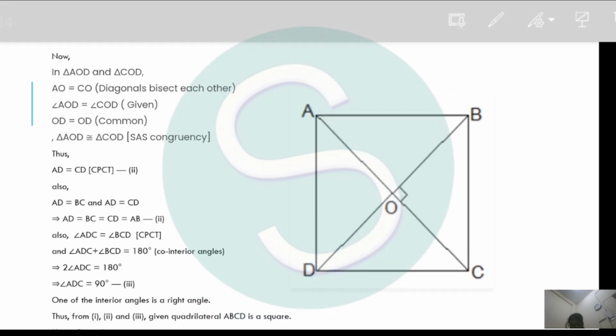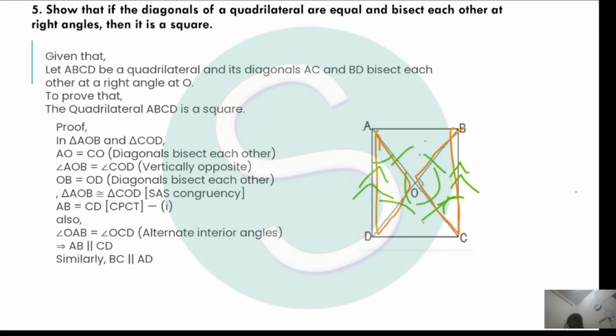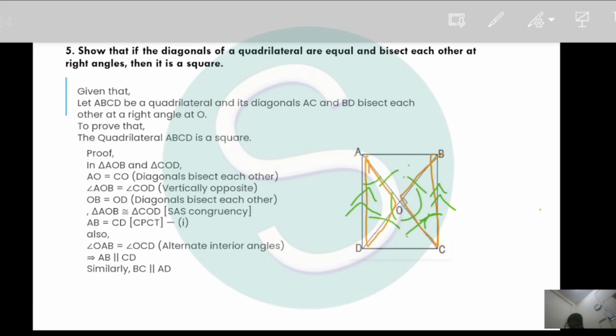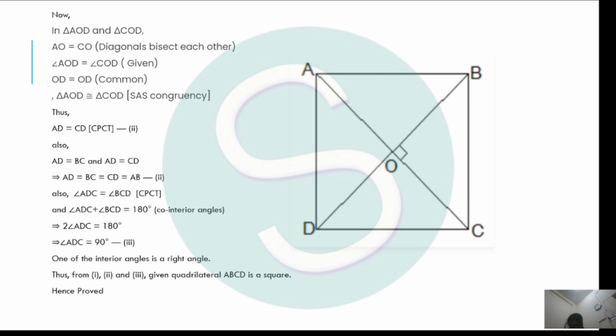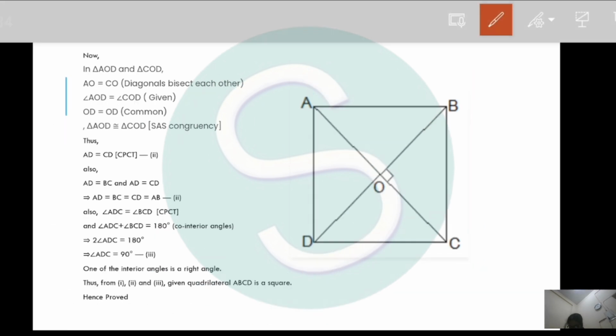So हमने ये प्रूव कर दिया AB is parallel to CD, BC is parallel to AD and AB equals to CD. Now हम आगे क्या करेंगे, हम फिर से ट्रायंगल AOD को लेंगे, AOD and COD. अब इन दोनों ट्रायंगल्स को कॉन्ग्रुएंट प्रूव करेंगे. So since diagonals bisect each other, so OA equals to OC.